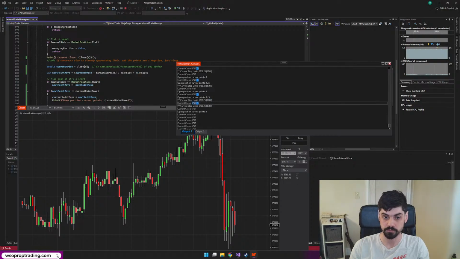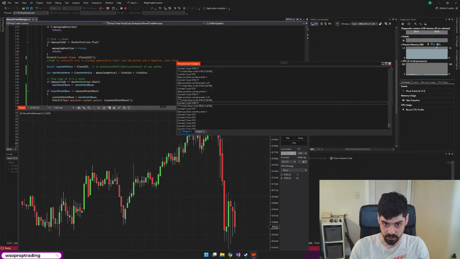So the 1.25 is the 6766.75, right? But then what happens is, I think we go and add the 1.25 to this instead of subtracting it, right? Because it's shorting.